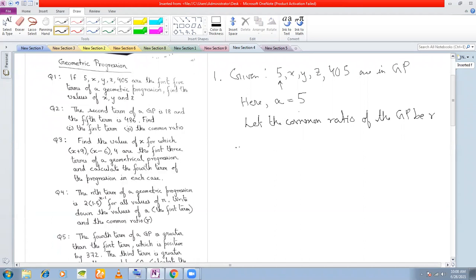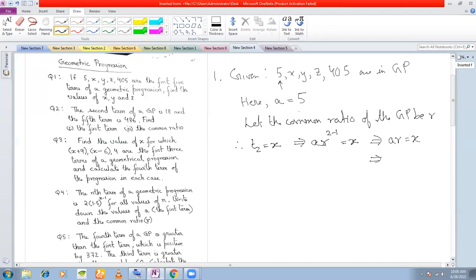So T2 here is x. That means AR to the power of 2 minus 1 must be equal to x, that means AR equals x.